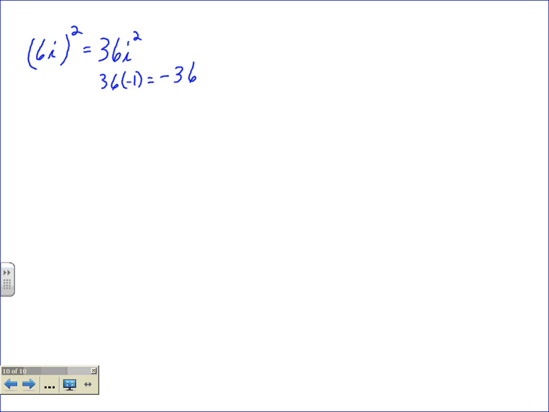i acts as a variable. So you're going to see problems like 3 plus 2i plus 7 plus 5i. And if the i acts as a variable, which it does, we can just combine like terms. 3 plus 7 is 10, and 2i plus 5i is 7i.